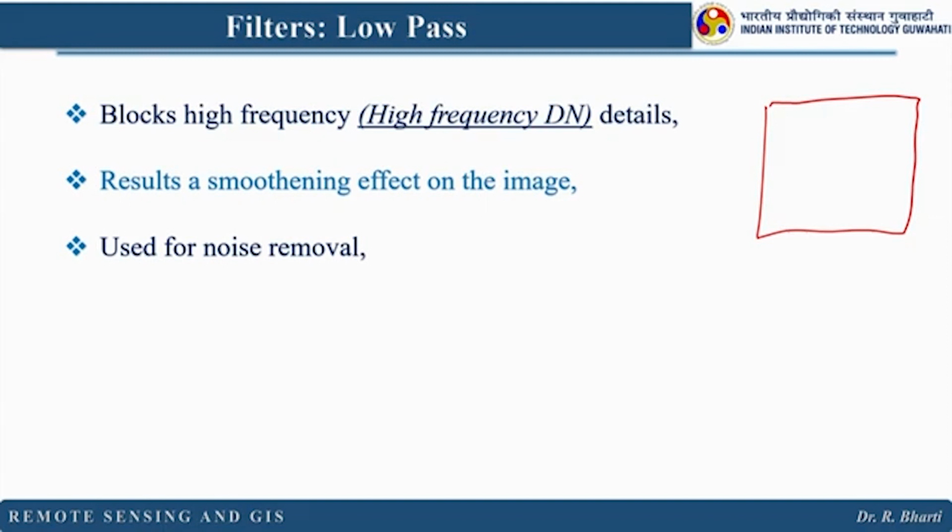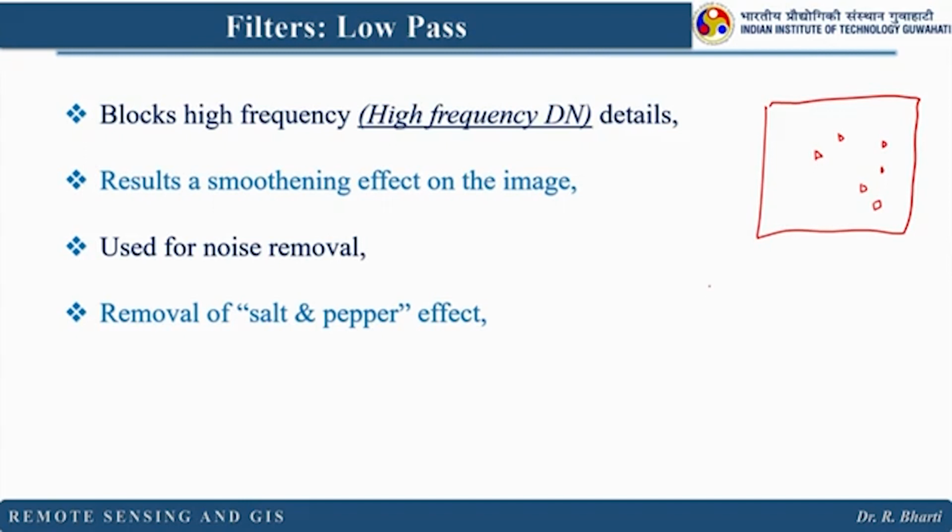And it is used to remove noise. Why? Because if in between you have 1 or 2 pixels which have bad data or bad values, those pixels will be corrected because of the smoothing effect. And it is always preferred for salt and pepper noise.